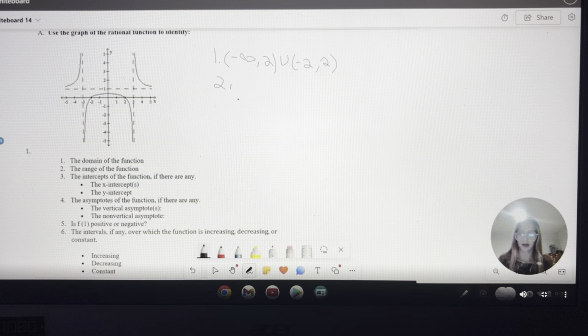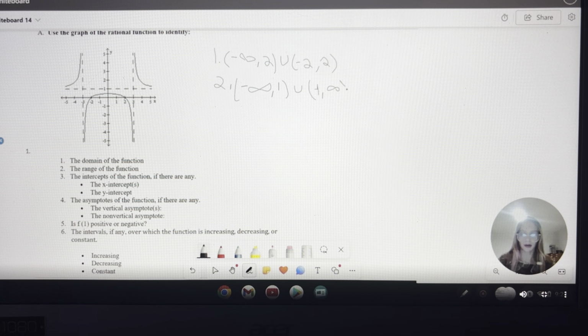So for the range, it will be negative infinity, comma 1, with the union, then 1, comma infinity.